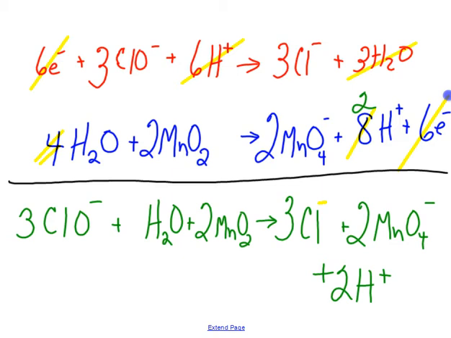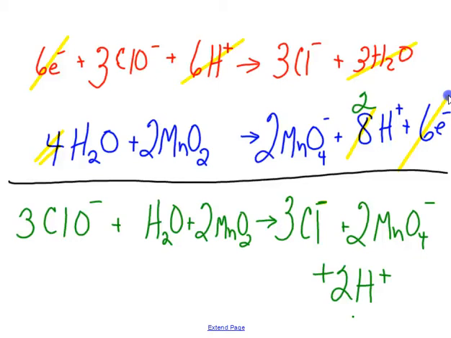Double check. Look at the total charge on the reactant side. Looks like -3. Total charge on the product side, we've got -3, we've got -2, and we have +2. So net, we've got -3 on both sides. We've got conservation of charge.